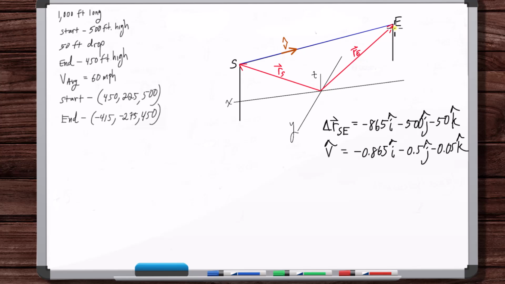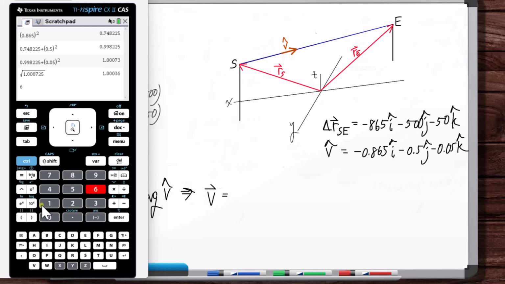So now all we need to do is multiply this unit vector by the average velocity. Since it's a scalar multiplication, it's just going to scale the vector up in the same direction. So the velocity vector is equal to V average times V hat.